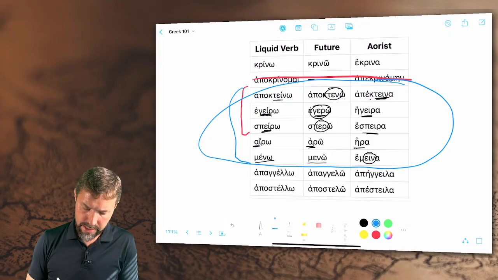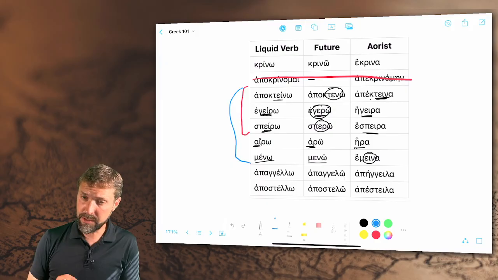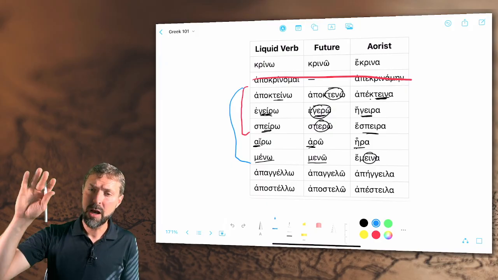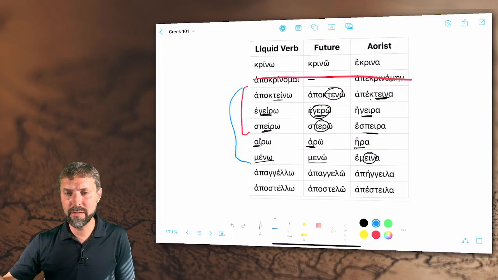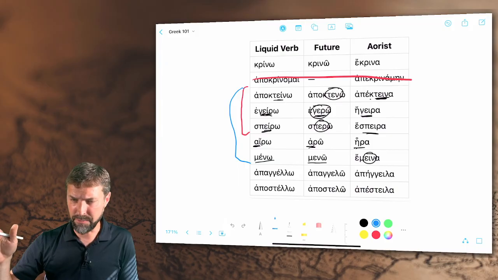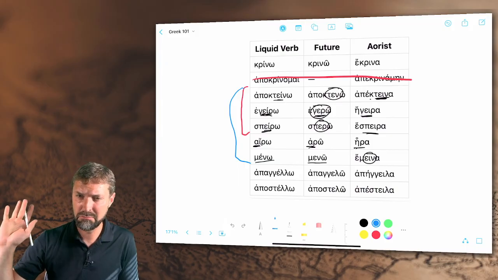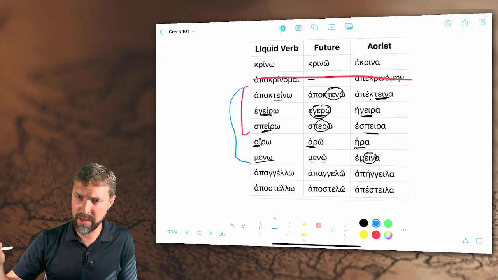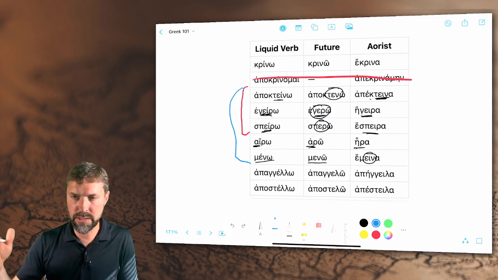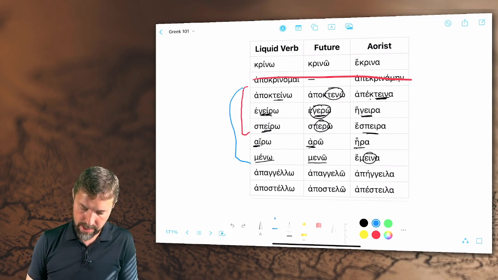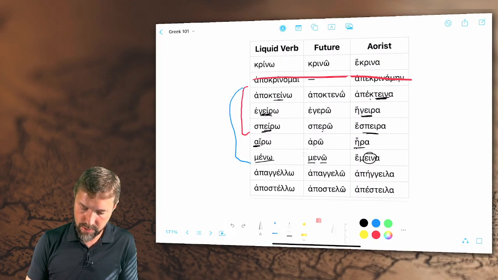If you can just get used to the pattern that sometimes the iotas across the present, the future, the aorist, sometimes those iotas will drop in and out. That's your key, okay? And paying attention to your liquid letters, and then don't be surprised if an iota drops out. Don't be surprised if a sigma is missing. The pattern I taught you earlier about the future continues to be your key.